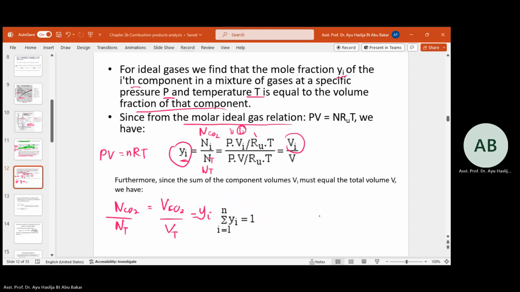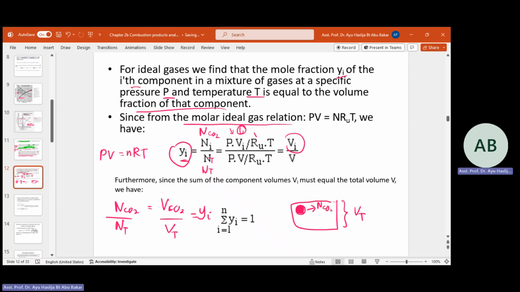Faham tak? Let's say dalam combustion chamber, dalam stream lah. This one is total volume, kan, V total. Okay. Let's say ada one part of CO2. Okay, dari sini kita boleh dapat mole of CO2.